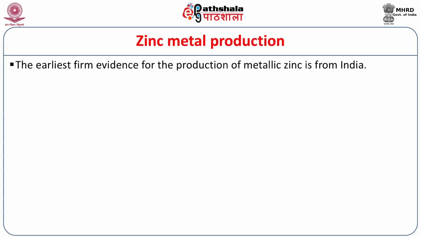We now come to the saga of zinc metal production, which is another very remarkable technology to which the Indian subcontinent made seminal contributions. In fact, the earliest firm evidence for the production of metallic zinc is from India.